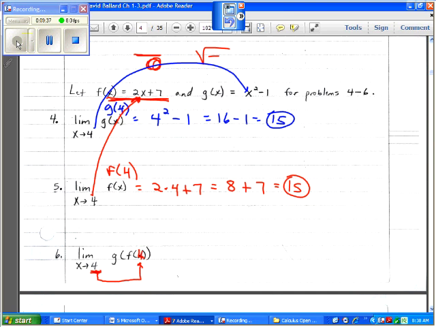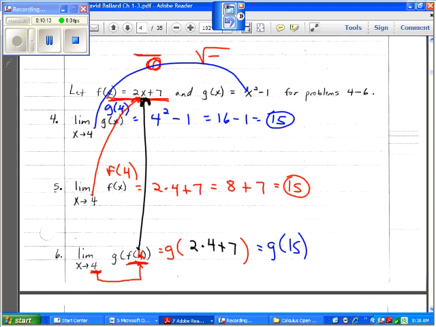So that means we want to find g of f of 4, right? We've got to find f of 4 first, which was our 2 times 4 plus 7, which we already know is 15. So we're going to realize then that we're finding g of 15.